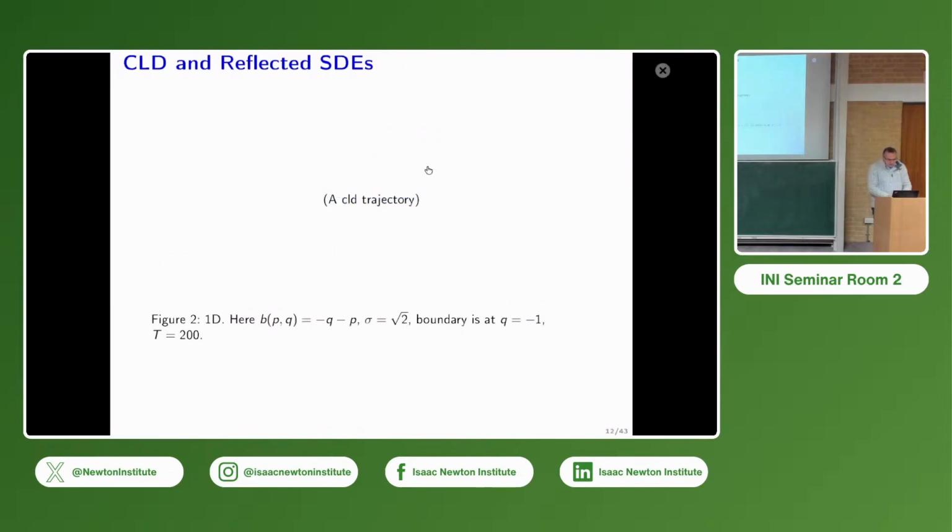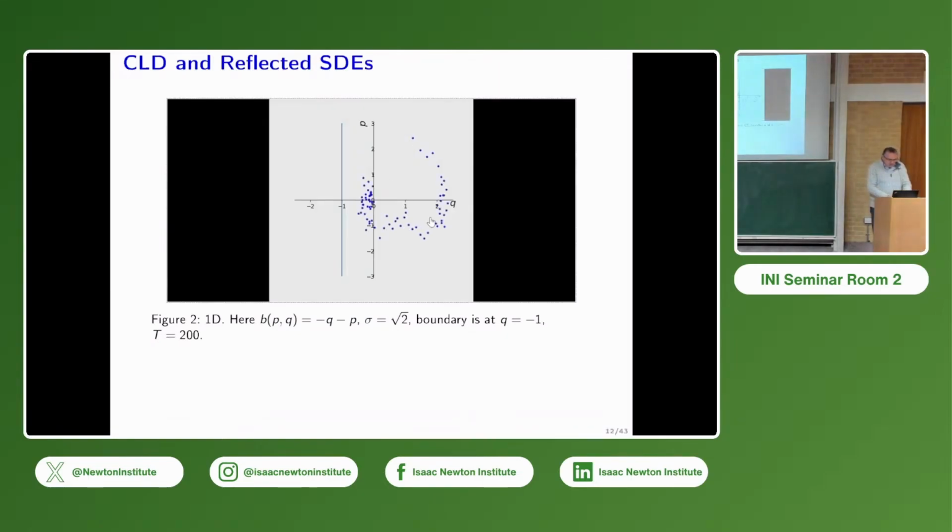And the next video is the following. It is 1 degree of freedom, but I will be plotting the phase space. So I'll be plotting P and Q, and the aim here is to show how the momentum changes, how this collision with the boundary works. The boundary is at -1. On the x-axis, we will have position. On the y-axis, we will have momentum.